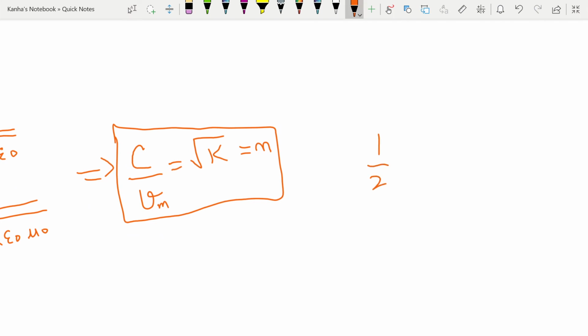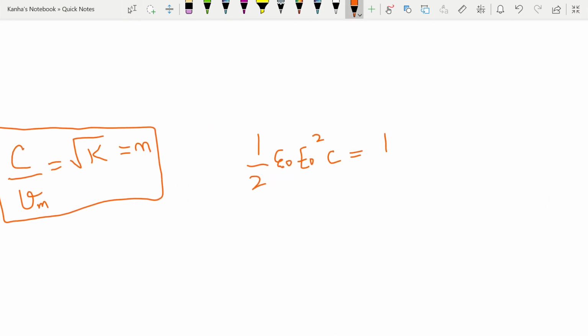My intensity is half epsilon naught into E naught square into the velocity c, and this can be written as half into epsilon naught into k times E square into V. Because there is no energy loss when going from air to that medium, I can write that E naught square into C is equal to k times E square into velocity. This is the velocity in the medium.